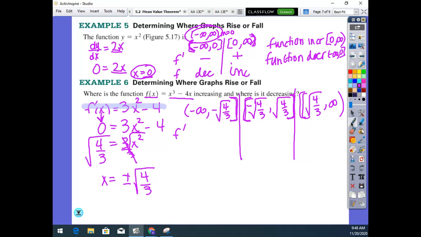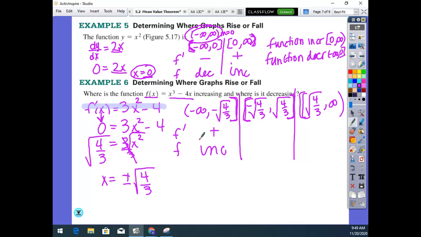If I plug -2 in, -2 squared is 4, times 3 is 12, minus 4, that's a positive value. That tells me the function itself is increasing in this interval.